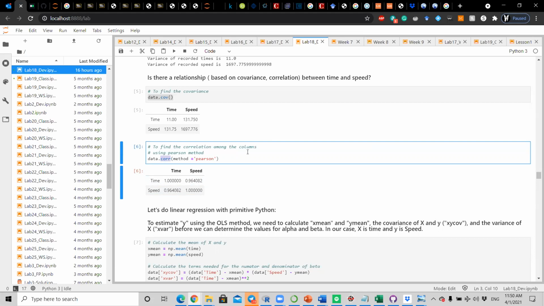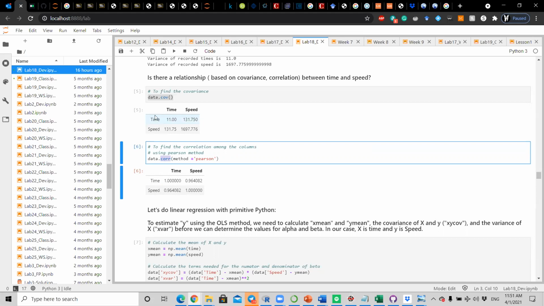Is everything clear? I have a question real quick. Sure. Why is it using the left top number with the time, but it's using the bottom right number with the speed? Are you talking about this table or this table? The one on top. Okay. So this basically tells you that the calculation is happening between which two variables. If you calculate the covariance between time and time, you are basically calculating the variance of time.